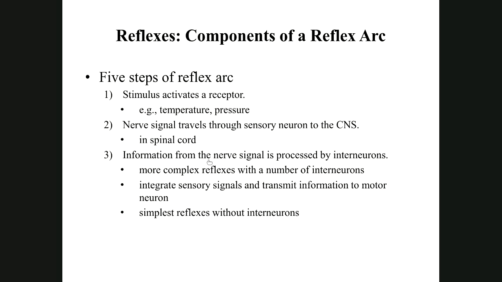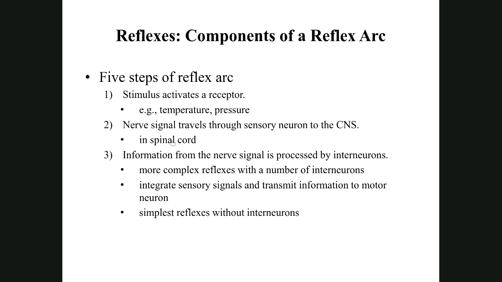Step 1, stimulus, right? It's going to activate that receptor, that specialized cell that can detect that stimulus. Send that in through the sensory pathway, sensory neurons, until we hit the CNS. Here, if we're talking about a spinal reflex, then we stop in the spinal cord. We're not going up and down those tracks to and from the brain. We're just staying here.